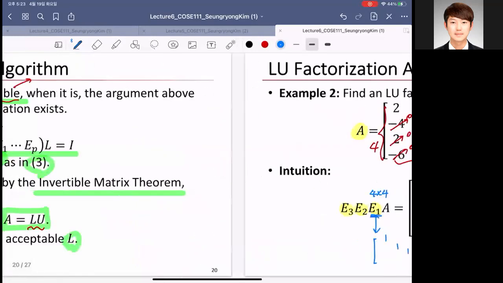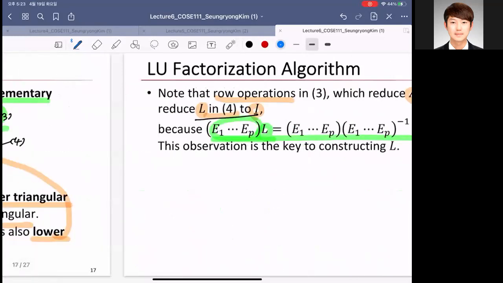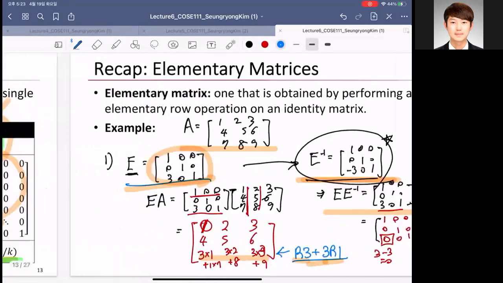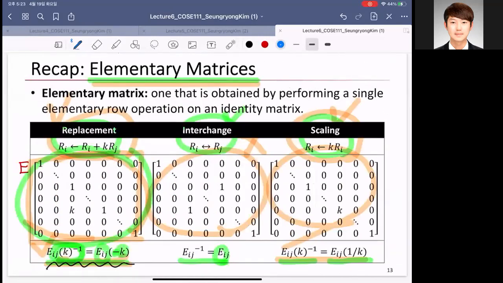Let's go back. This one, right? So this K means, right? Here, I to J. I's row and J's column should be K, not a 0, right?